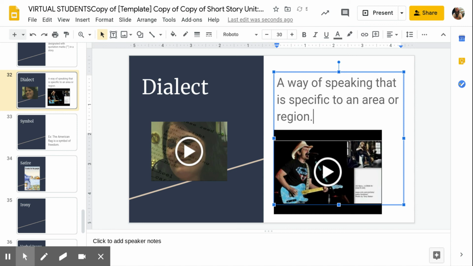You know how Kentucky is, but you go to Boston and they pronounce Boston differently, but they probably come to Kentucky and hear us talking and they're like, "What the heck?" But whenever we go to New York or Boston and we hear their accent or dialect, then we're like, "What the heck?" And it's just because we're used to it. So that's the thing about dialect: it's a way of speaking that's specific to an area or a particular region. Okay, so symbol.